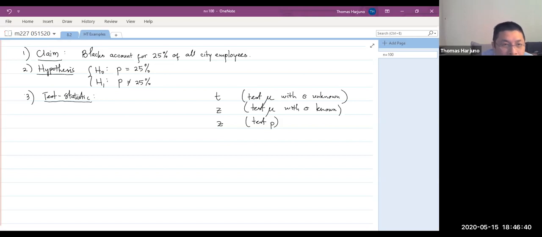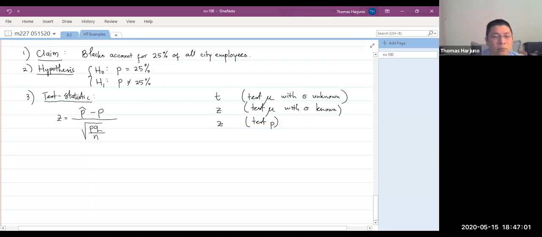So in this case we will still use Z, but the formula is slightly different. There will be p hat minus P over the square root of PQ over N. That's the formula, which I mentioned in our handout in 8.2.